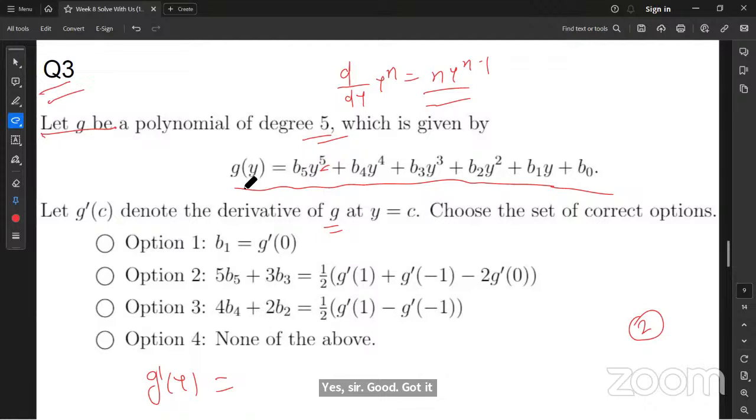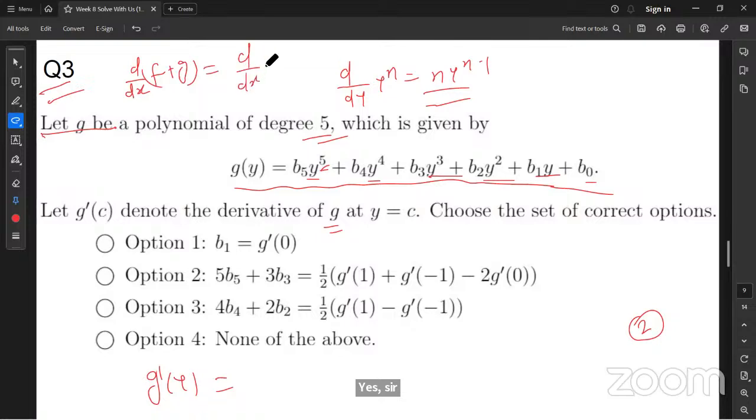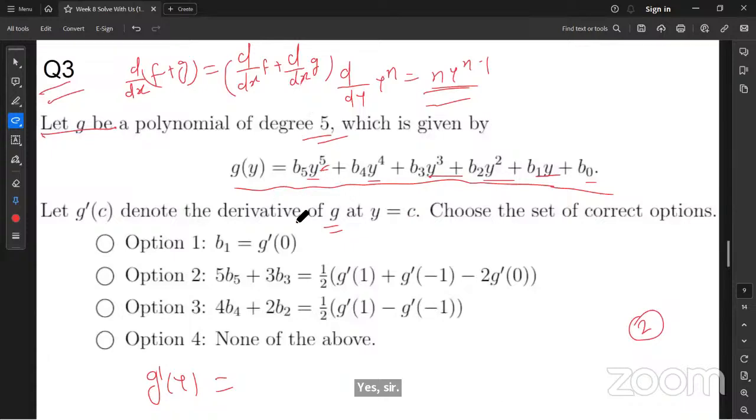So basically, if I want to differentiate this whole thing with respect to y, we can directly apply this formula, right? d by dx of f plus g is equal to d by dx of f plus d by dx of g. Then we apply this. So it will be 5 times b5 y to the 4. These b i's are real numbers, coming from R only.